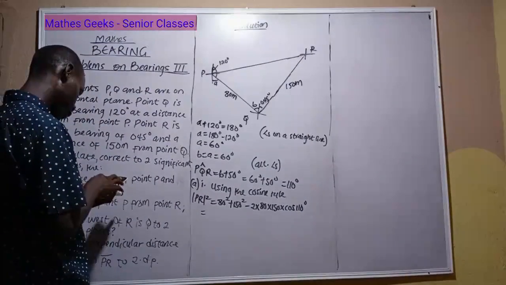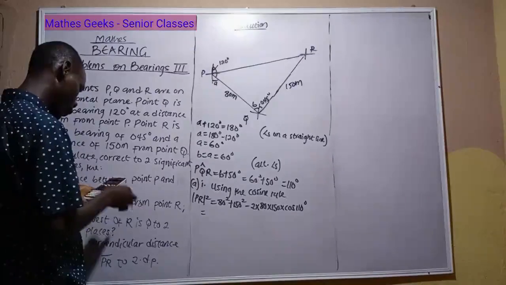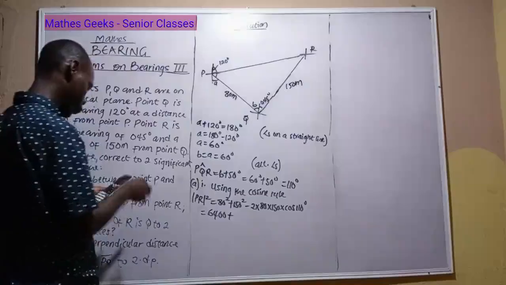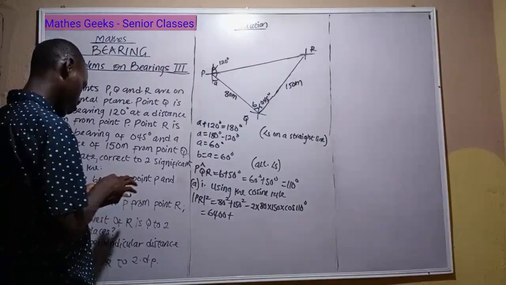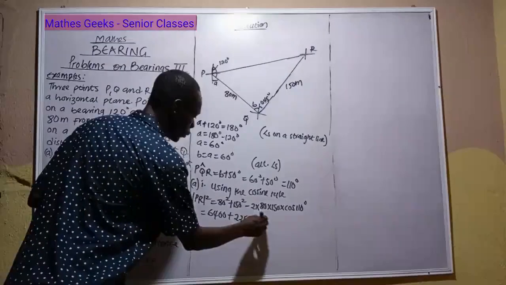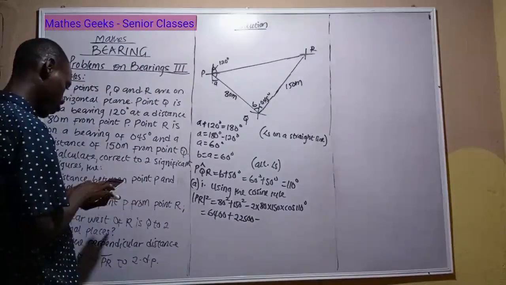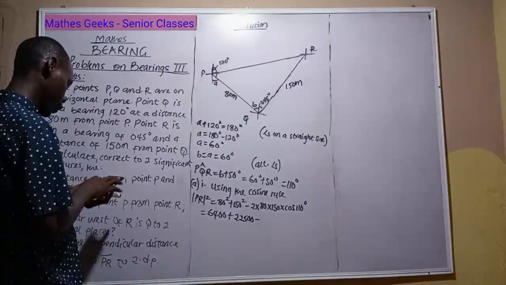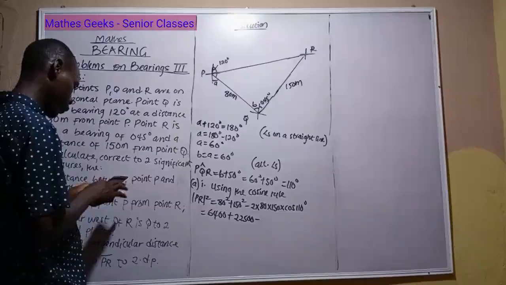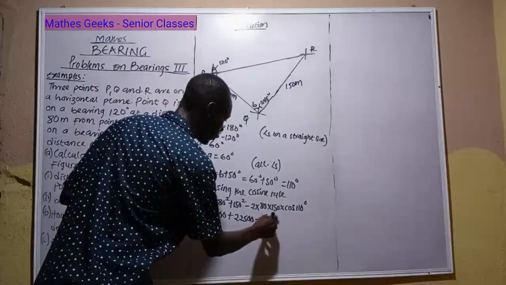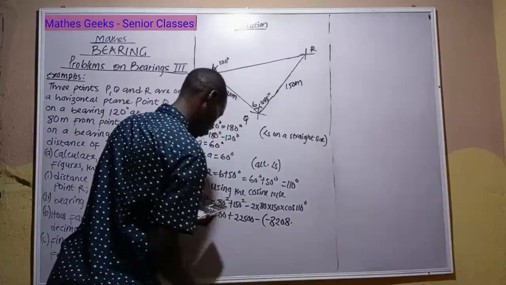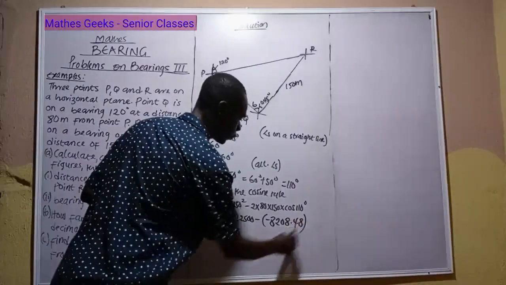80 squared, 6,400, plus 150 squared, 22,500, minus 2 times 80 times 150 times cos 110, which is minus 8208.48.